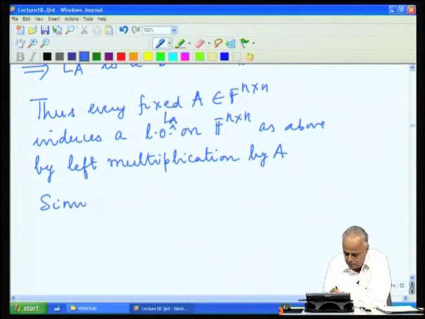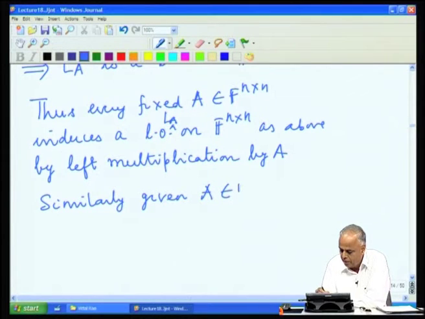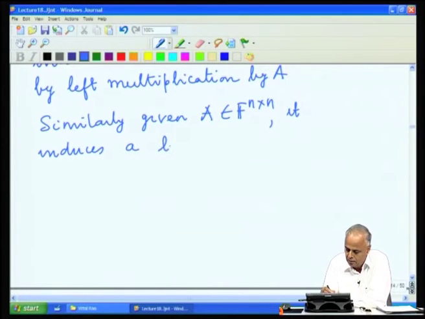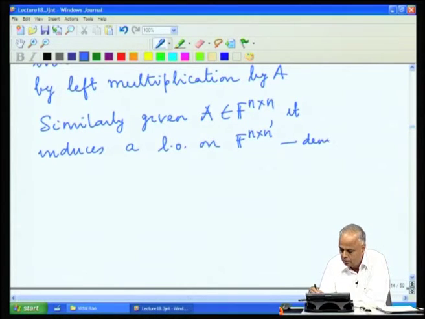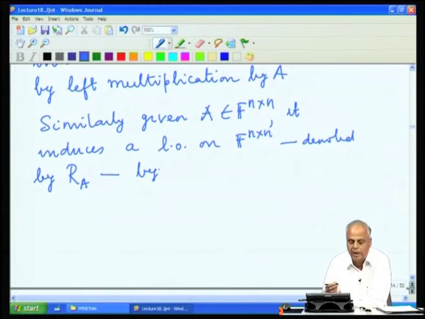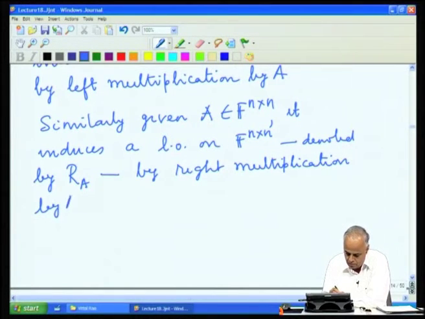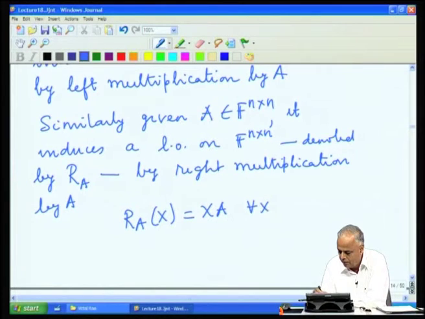Similarly, given A in Fn cross n, it generates or it induces a linear operator on Fn cross n, which we denote by RA, where the R stands for right multiplication, by right multiplication by A. So, we have RA x equal to xA for every x in Fn cross n.